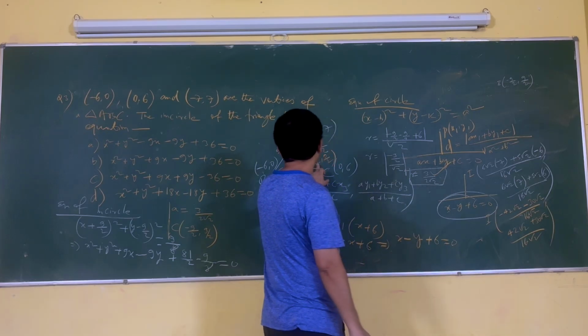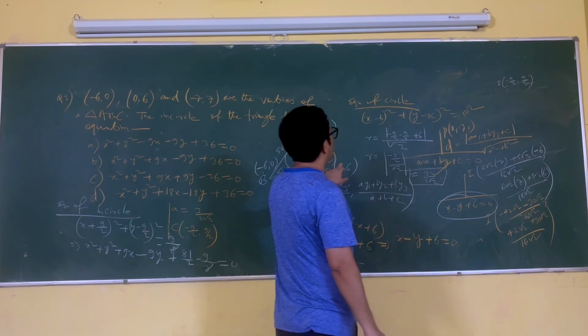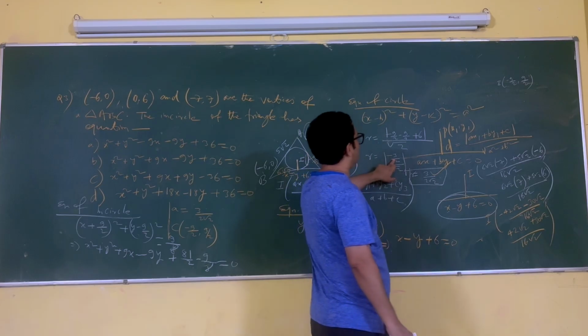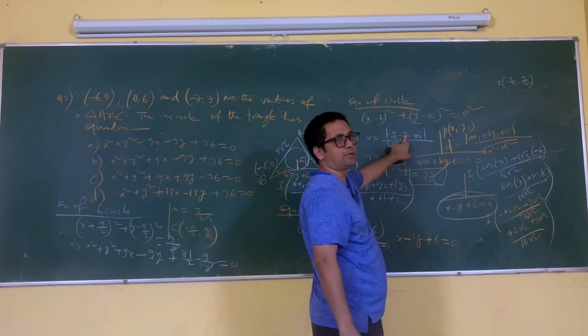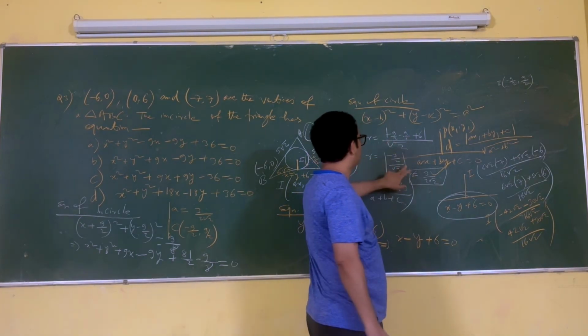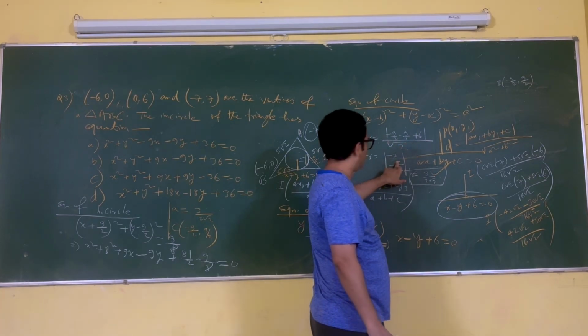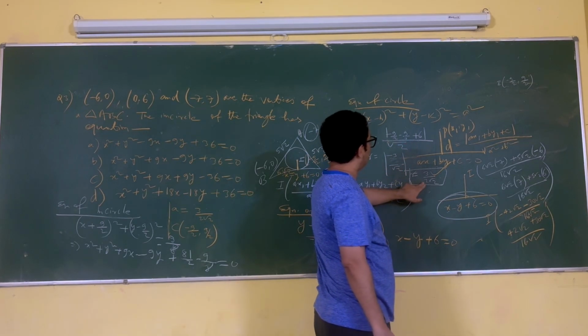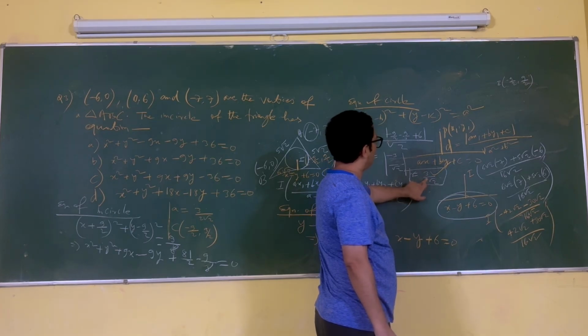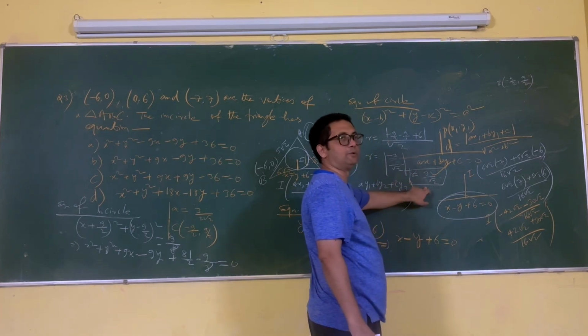Minus 9 by 2, minus 9 by 2. Here 2 is not required, because if you add minus 9 by 2 and minus 9 by 2, it is minus 9 only, and minus 9 plus 6 is minus 3 upon root 2. So it will be 3 upon root 2, because modulus will take the positive value.